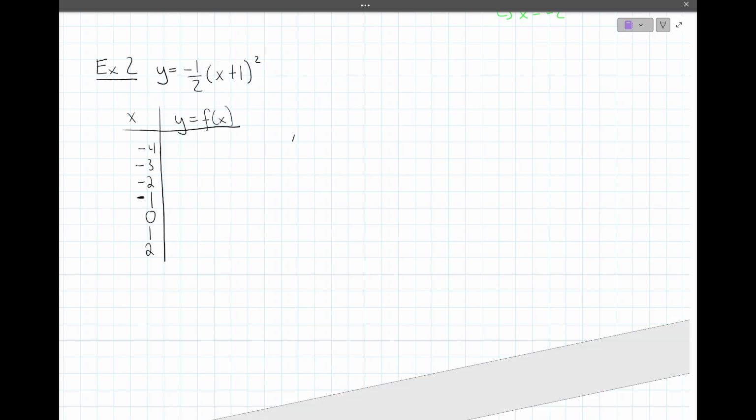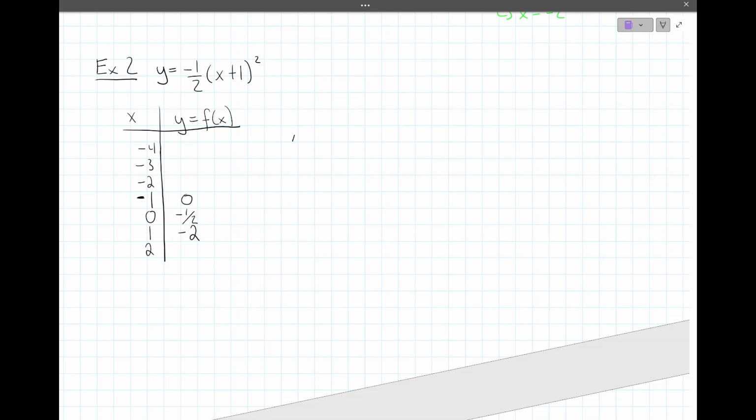All right, let's just fill everything in. I know that's going to be negative 1 plus 1, that's 0. 0 squared is 0. That's just going to be 0 here. I know 0 plus 1 squared is 1. 1 times negative 1/2 is negative 1/2. 1 plus 1 is 2. 2 squared is 4. 4 divided by negative 2 is negative 2.